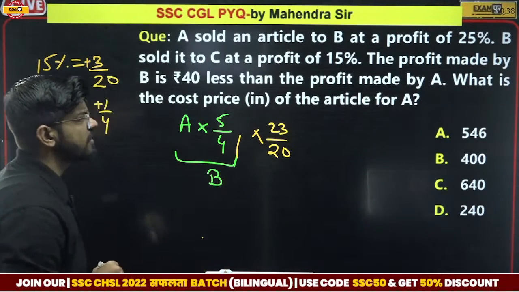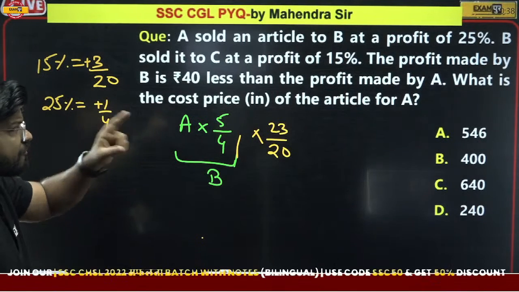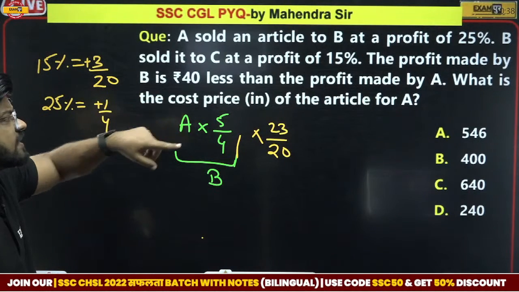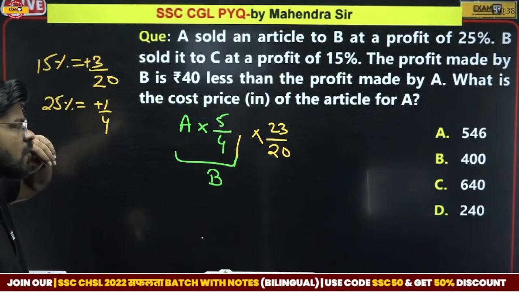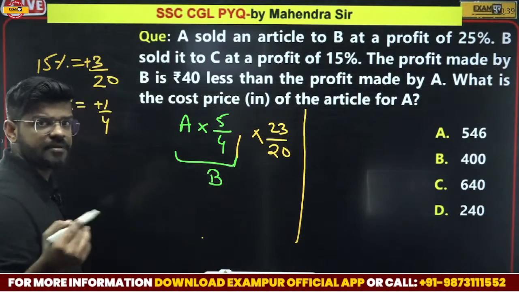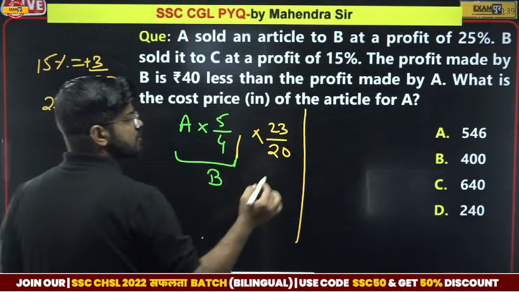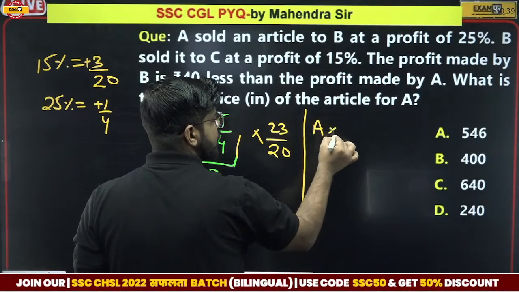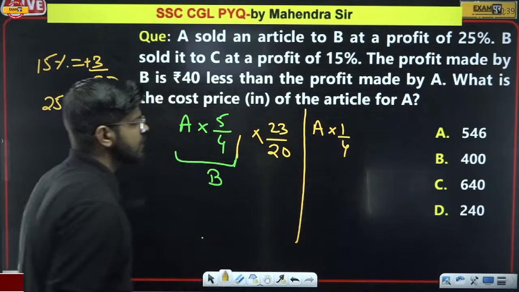Now what is the question saying? The profit made by B is 40 less than the profit made by A. Now what is A's profit? A's profit is A into 1 by 4. Yes or no?